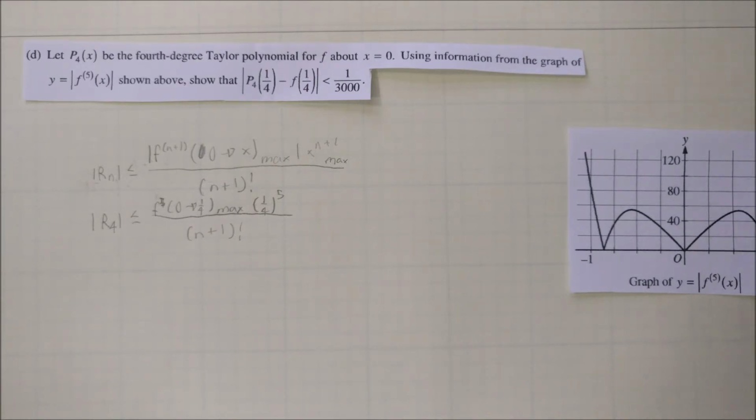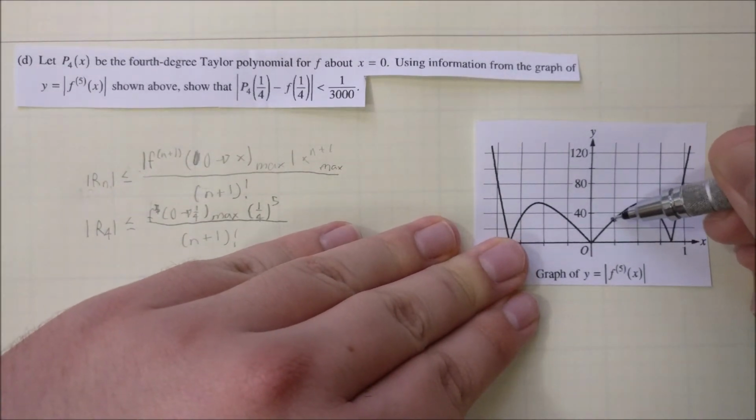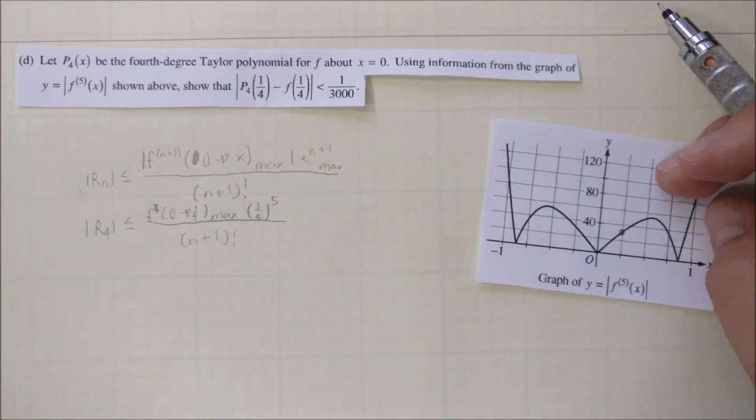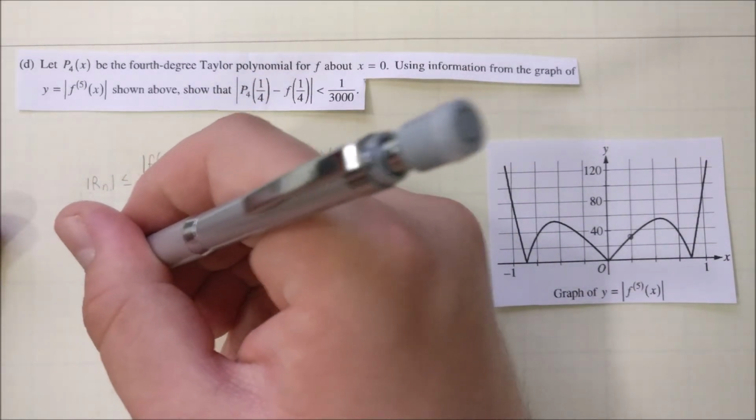So 1/4 on the graph is right about here. So that looks like that's about, it's maybe a little more than 30. But it's definitely less than 40. So we can put a little bit of leeway in there. So let's say that the maximum of that derivative is 40.